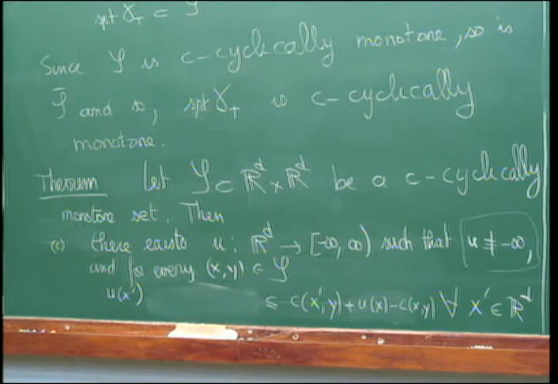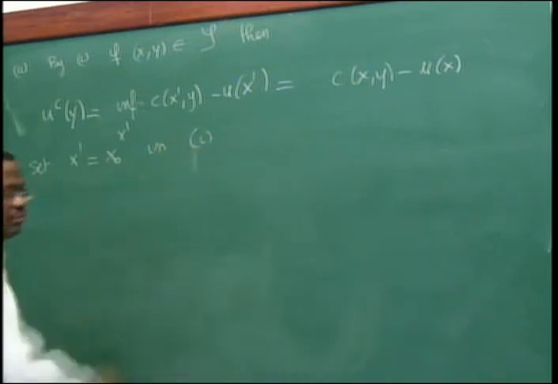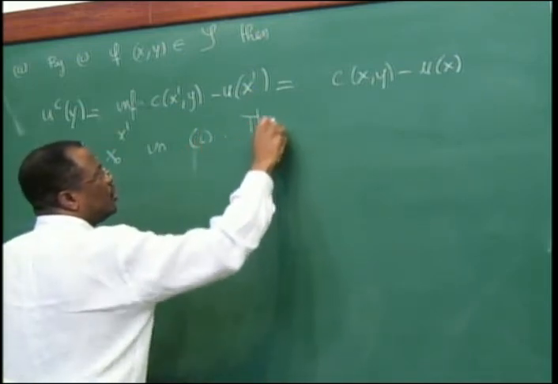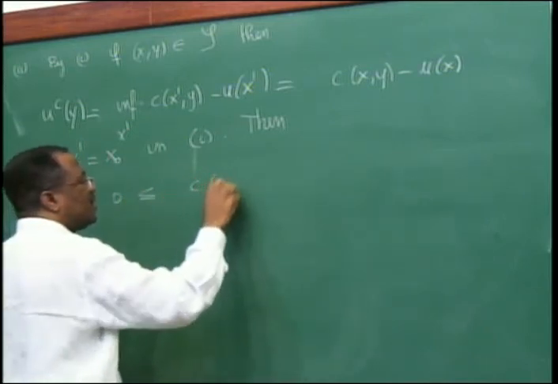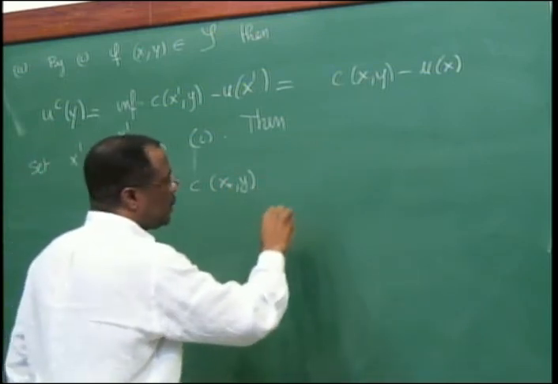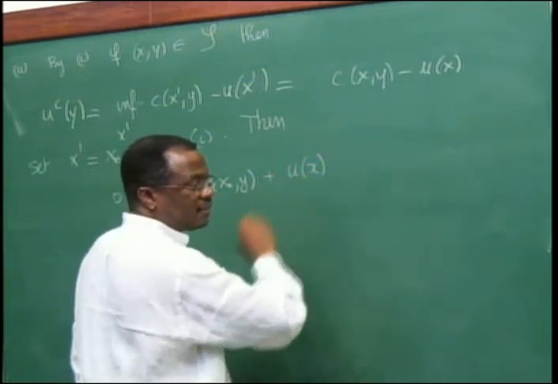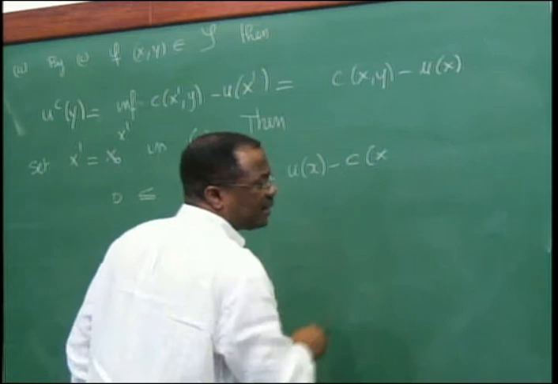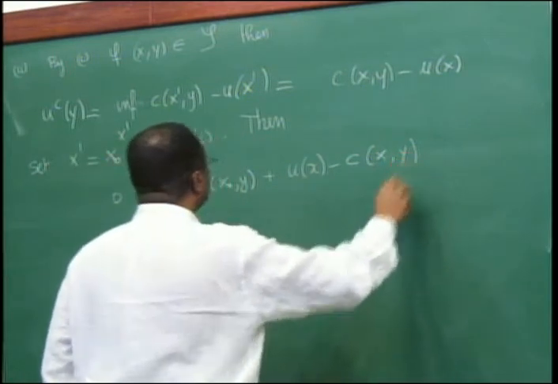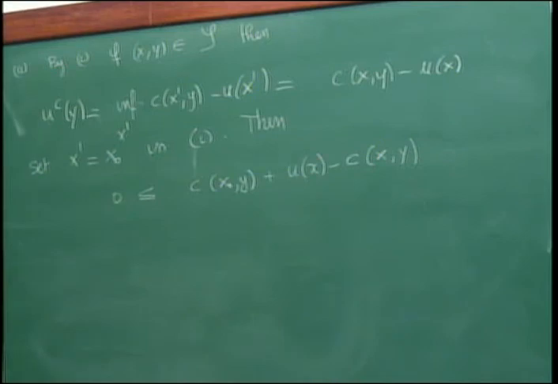Set S naught, S prime, equal to S naught in I. Then U of S naught is 0. 0 is less than C of S naught, Y plus U of X minus C of X, Y. So this is telling me that U of S cannot be negative infinity.